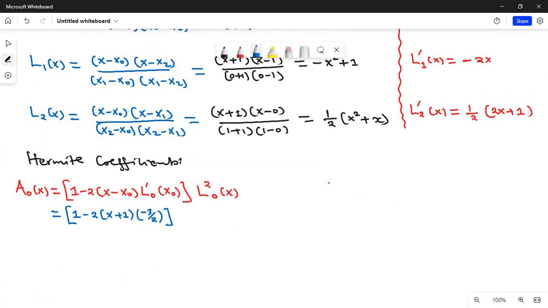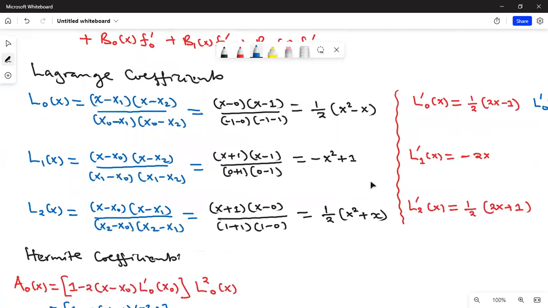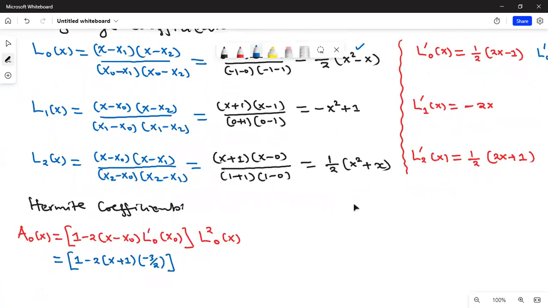Then now L0 of x, you square it. What is our L0 of x? It is this one. So this is the value that I'm going to square. When I square that, I'm going to get 1 over 4 into (x squared minus x), and then you square it. So let's expand this.